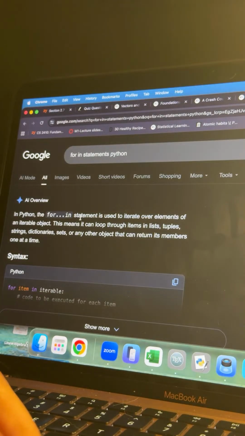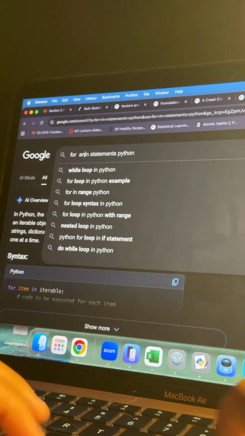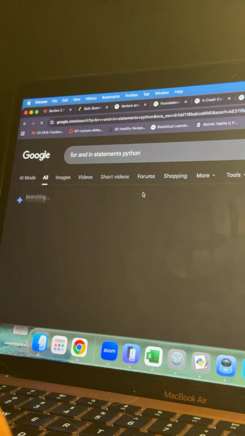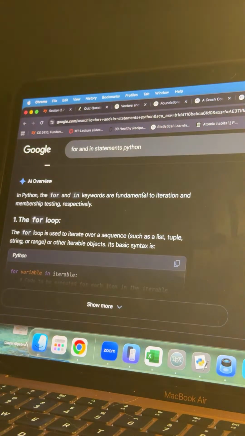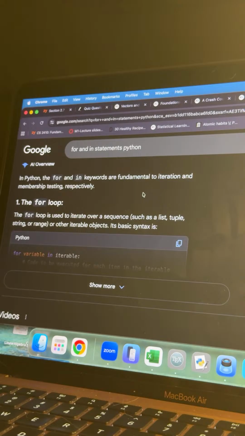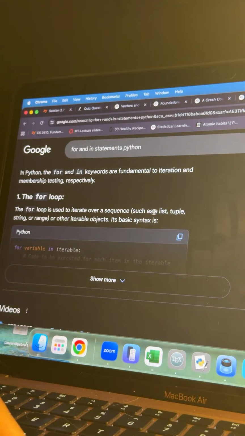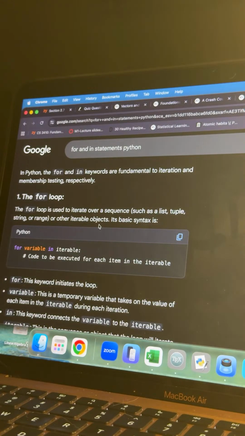Okay, so the for is for and in, just so it's not together. The for loop is used to iterate over a sequence such as a list, tuple, string, range, or other iterable objects.